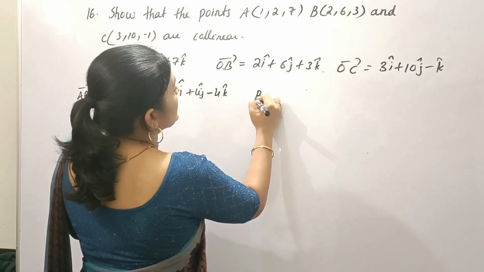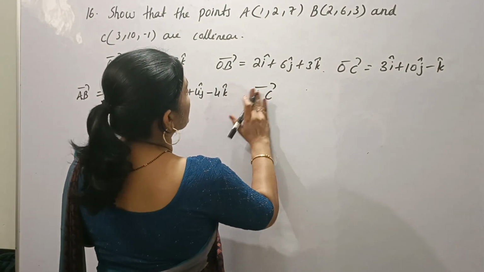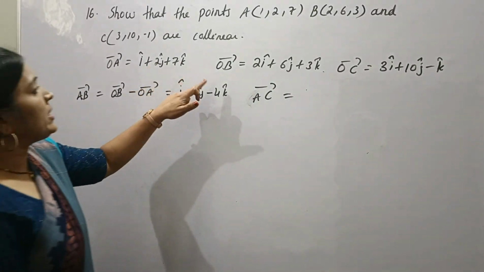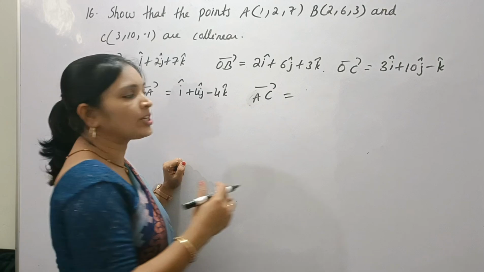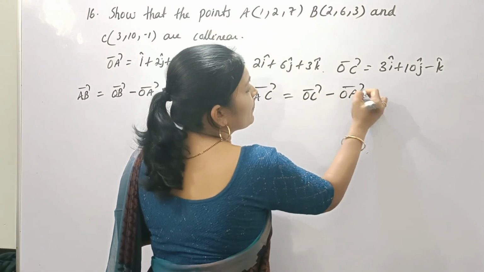And what is vector BC? Or vector AC. Okay. Let's find vector AC. Vector AC, here also by triangular law of vector addition, is vector OC minus vector OA.